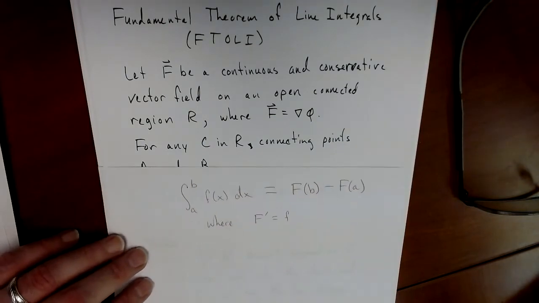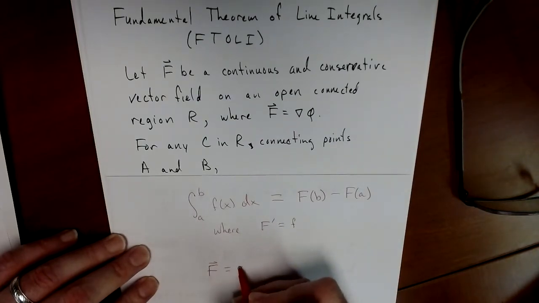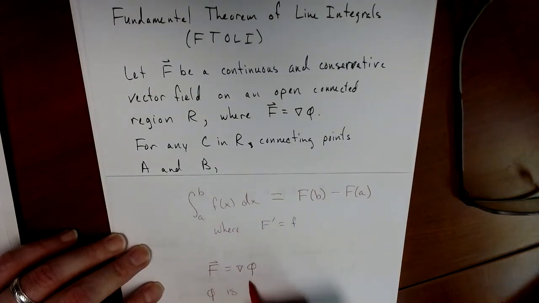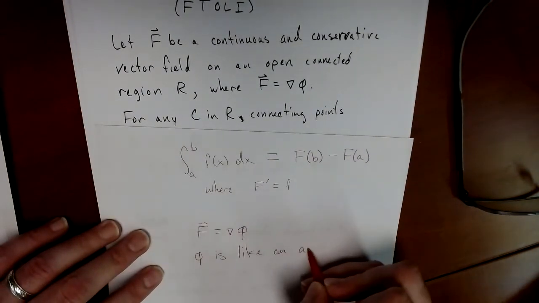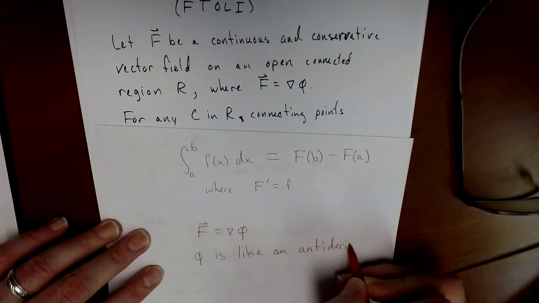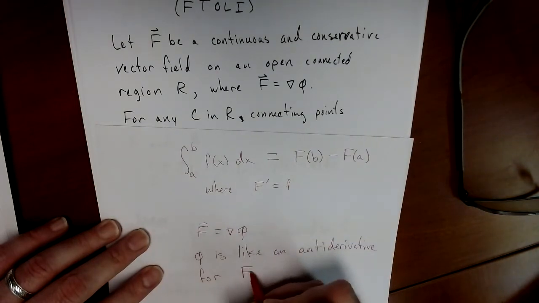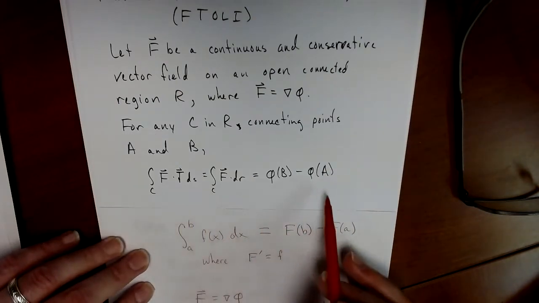And what we have here is very similar, except now our cap F is del phi. And remember that del, the gradient operator, back in chapter 13, behaves a lot like our first derivative. And so in that regard, phi, the potential, is like, I'm not saying it is, but it is like an antiderivative for f. So that's why we care about it, is we get this nice fundamental theorem-like result.